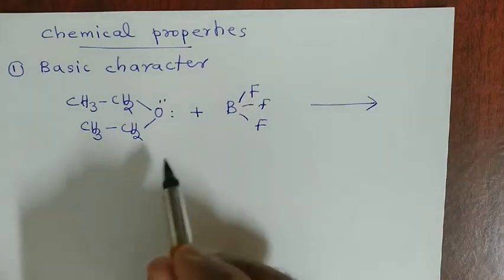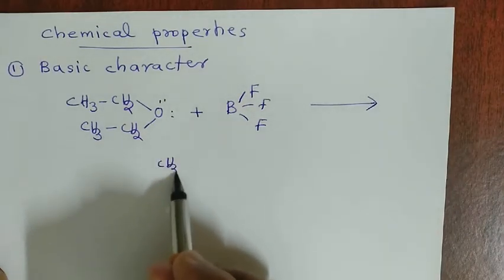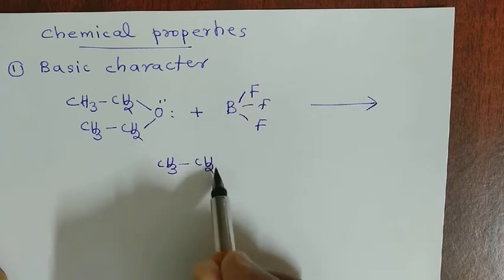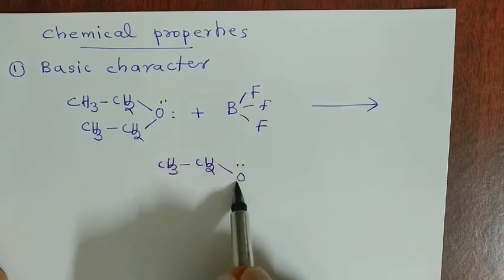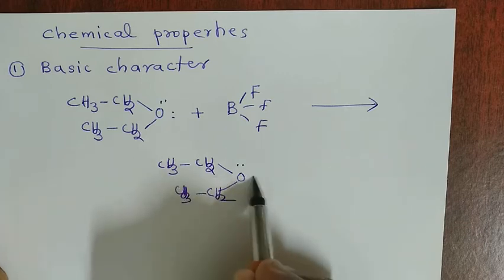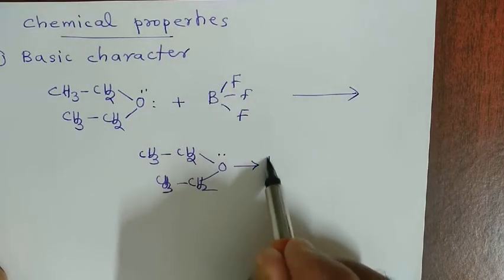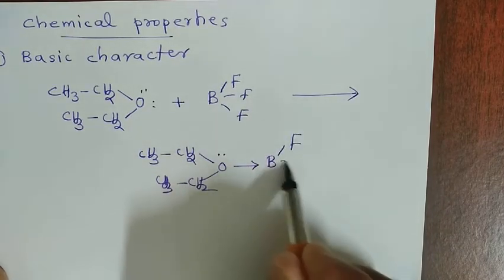For example, diethyl ether forms an addition product with boron trifluoride. One of the lone pair electrons is donated to boron.